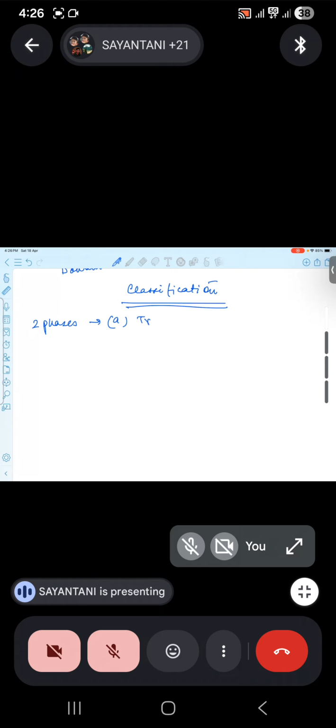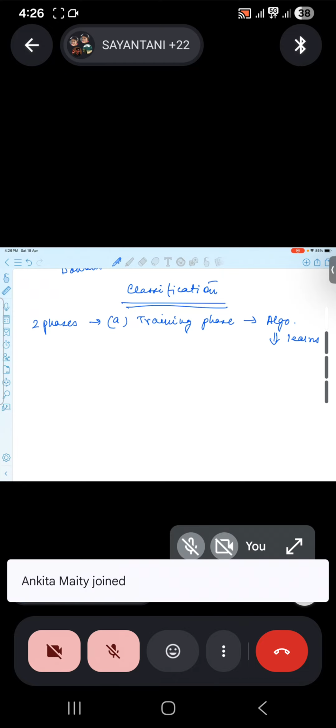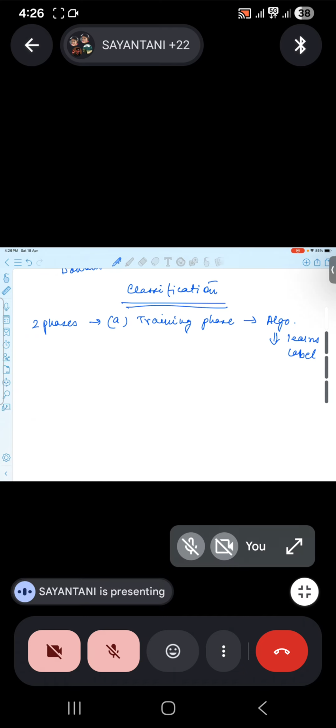One is the training phase, where the algorithm learns the labels of the classes, like this data point belongs to C1 class, this data point belongs to C2 class, this data point belongs to C3 class. So all these labels are there and the algorithm simply learns those labels, right?